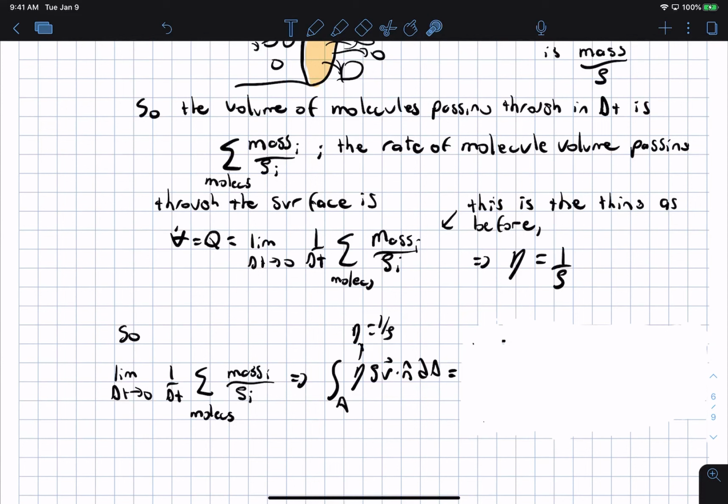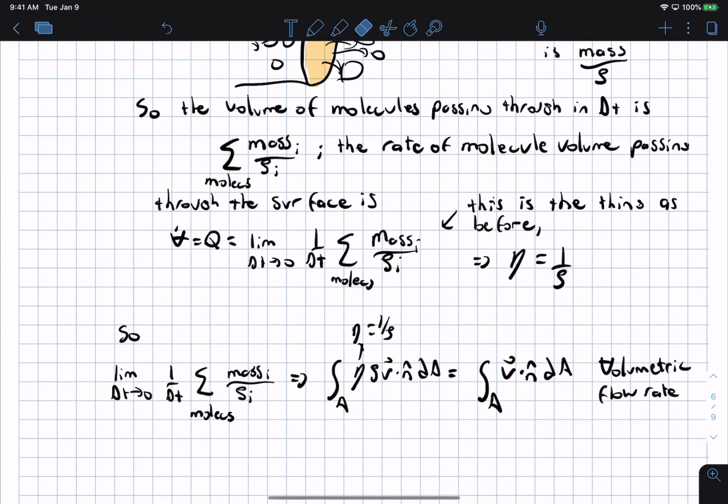If I substitute in 1 divided by rho, I have rho over rho, those go away, and the volumetric flow rate is just equal to the area integral of v dot n hat times dA. Okay, and that is the volumetric flow rate. And we will be dealing with that a lot in this class.